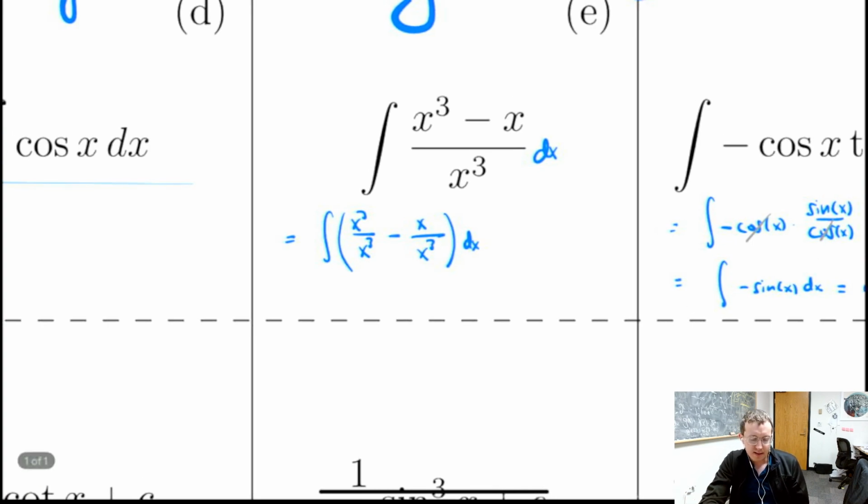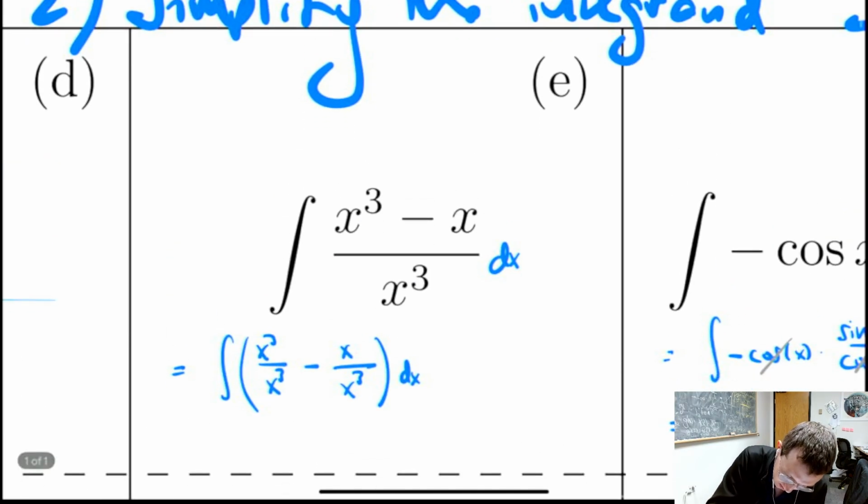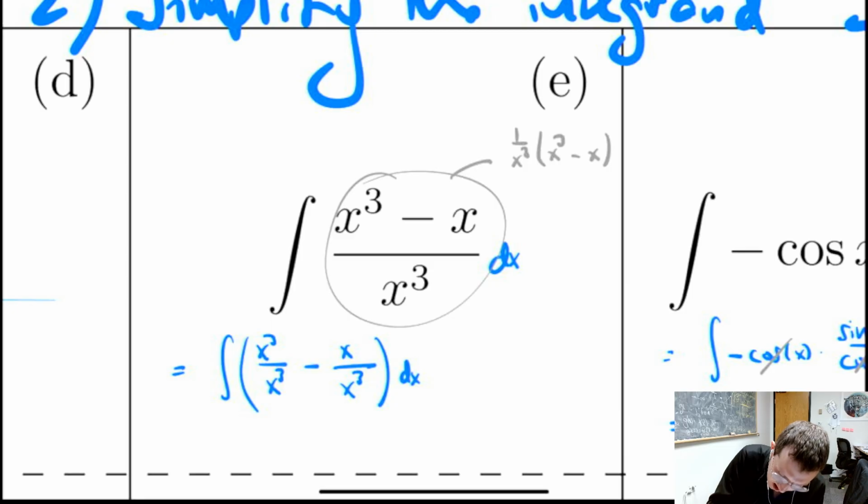So why does the canceling, or the breaking the fraction apart, work this way? Well, dividing by x cubed is the same thing as multiplying by 1 over x cubed.